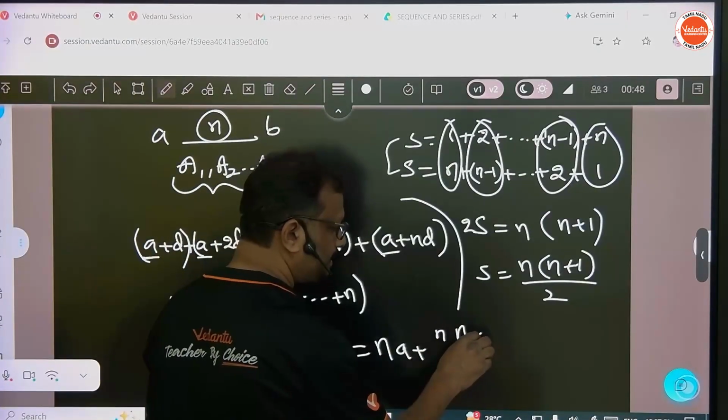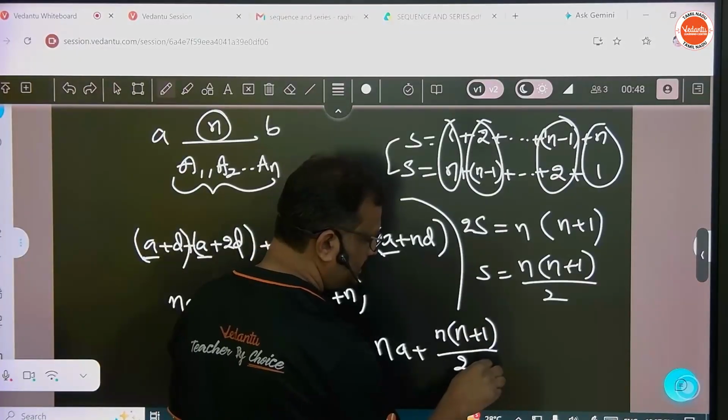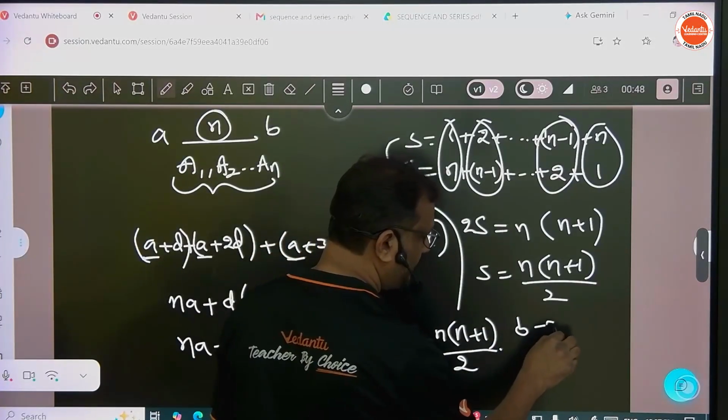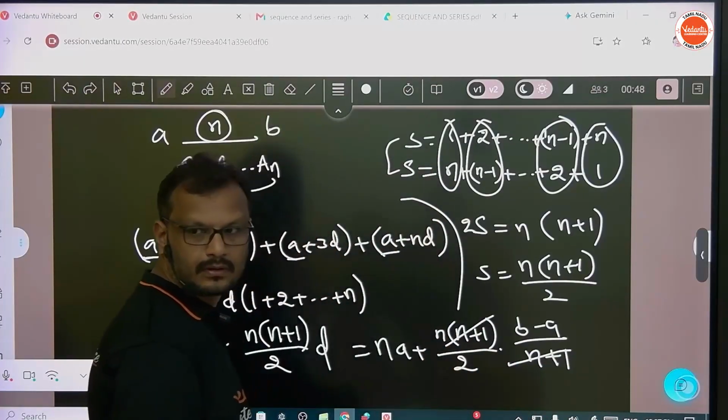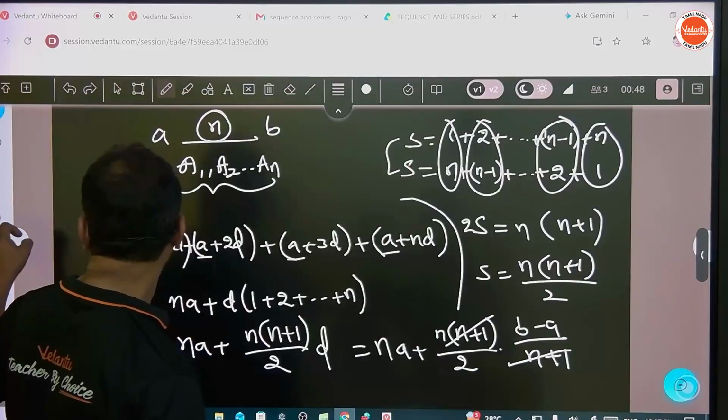n into n plus 1 by 2 plus n into b minus a by n plus 1. Just n plus 1 gets cancelled. Now if you take the LCM, what will you get?